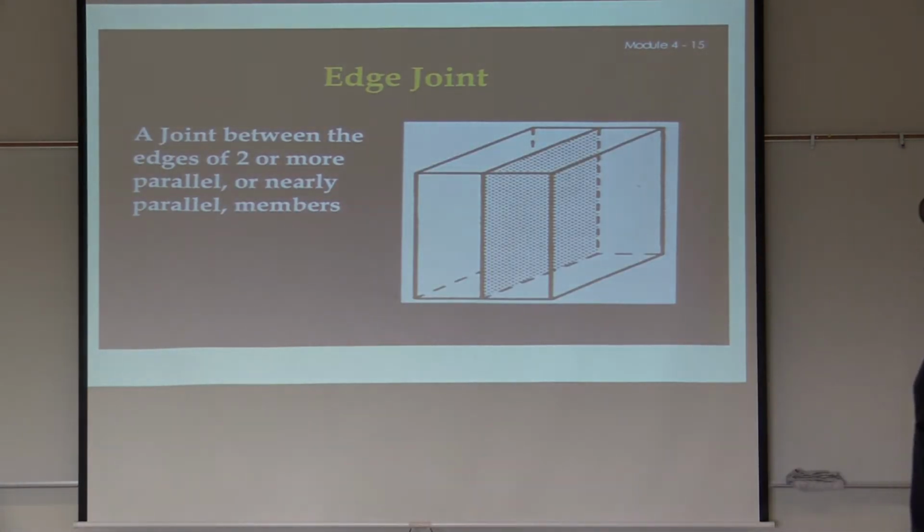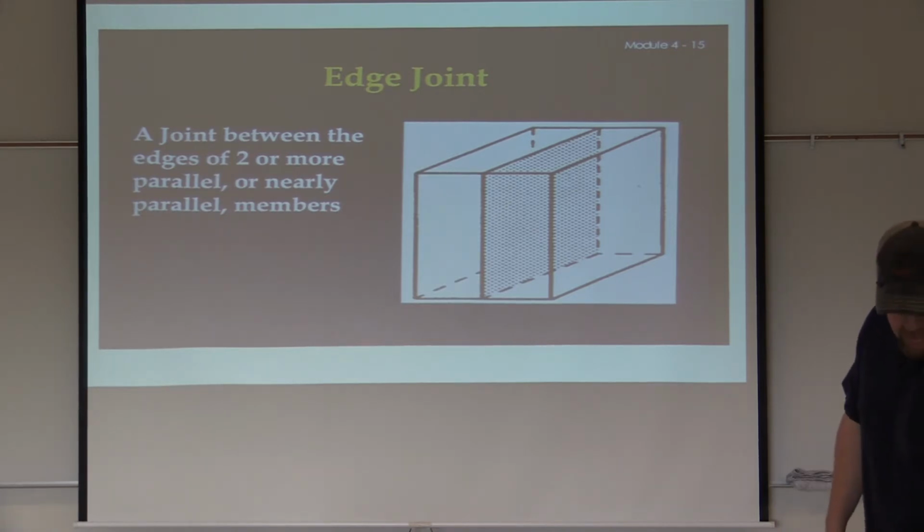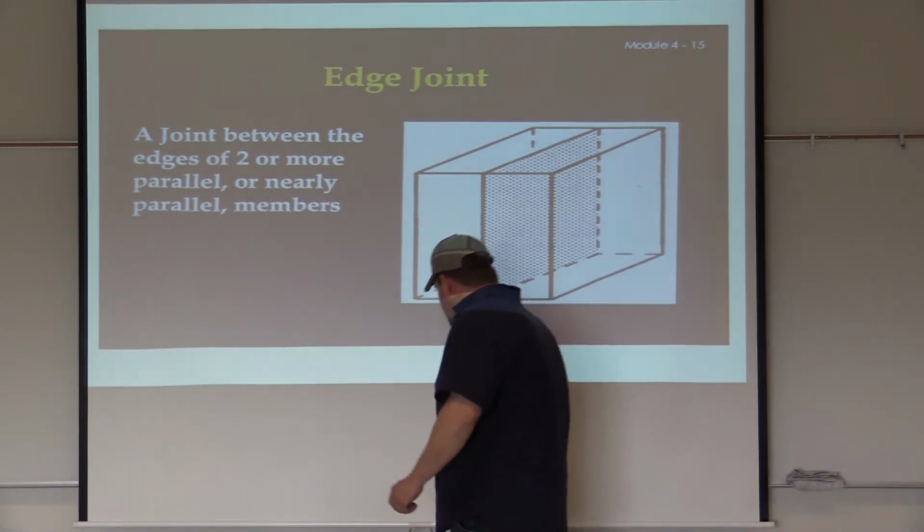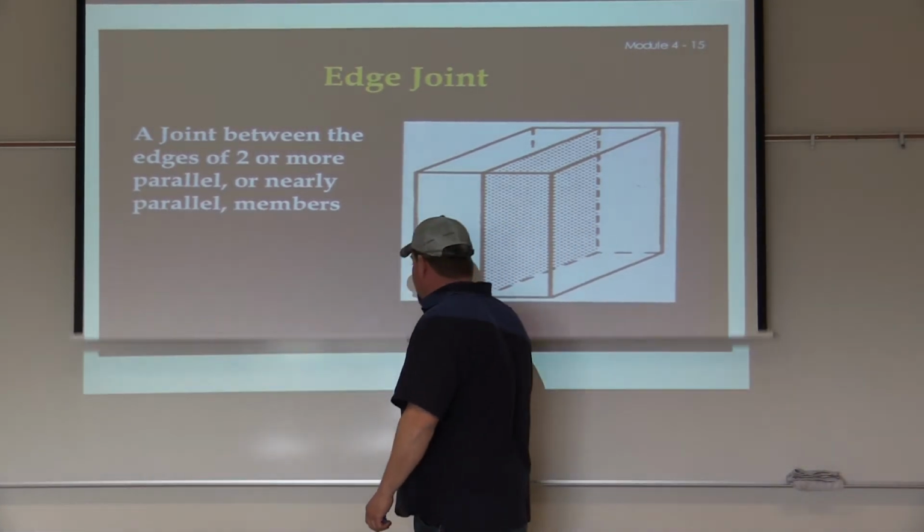All right, edge joint, basically, this is used a lot in a lot of different applications. We have a tendency to always think of everything being an incomplete joint or a complete joint penetration. In this situation, we don't necessarily need it.